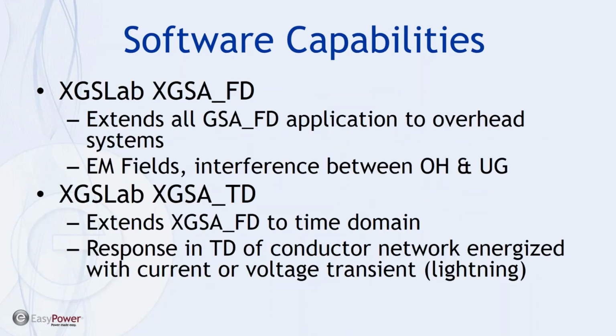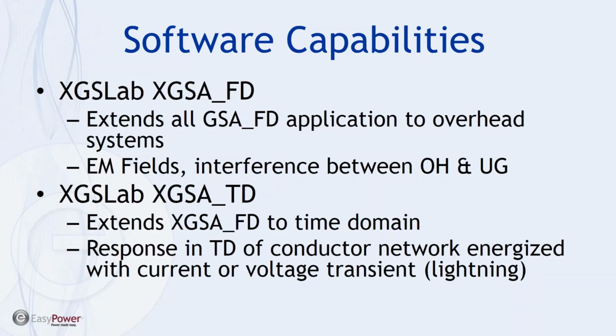So stepping up to the next type of module, XGS Lab has their XGS-A FD module, which adds an X to the front of the last one. This starts to be comparable to the CDEGS high-freq module. And it essentially extends everything from the GSA-FD or the MALS application to overhead systems.